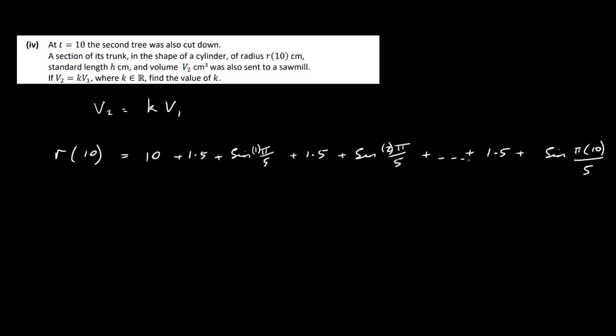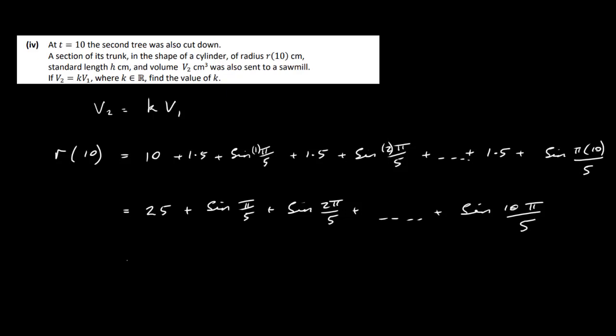So if you look at all of these, you've got 10 plus you've got 10 of these 1.5s. So that's just going to be 15. 15 and 10, 25. And then you've got all these sines then. You've got sine pi over 5 plus sine 2 pi over 5 plus all the way up to plus sine 10 pi over 5.